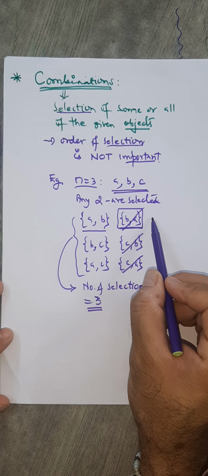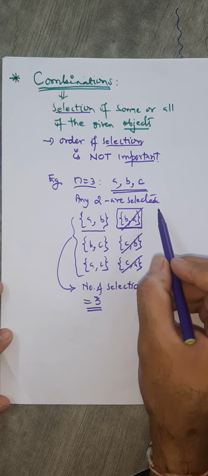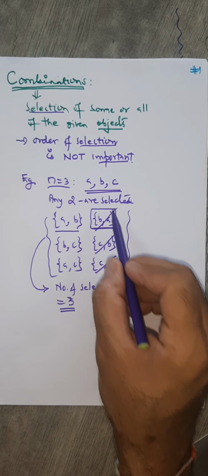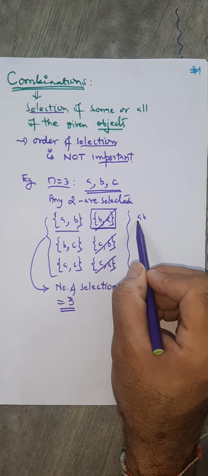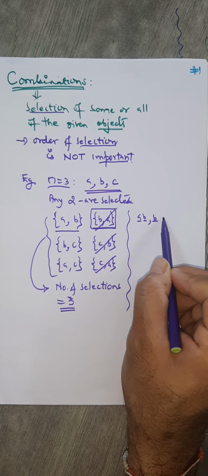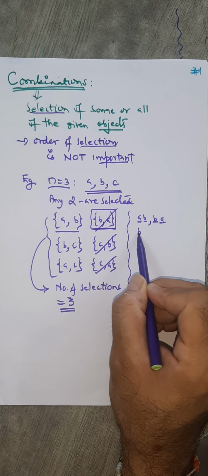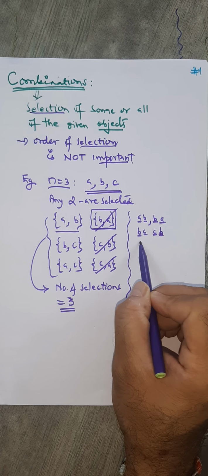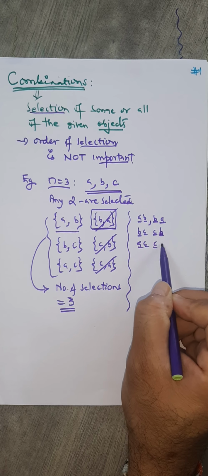If you remember permutations, this is about combination. If you recall permutation, there the order is important. So if I take any two, then you may have AB or BA, both. You can have BC and CB both, then you can have AC and CA.